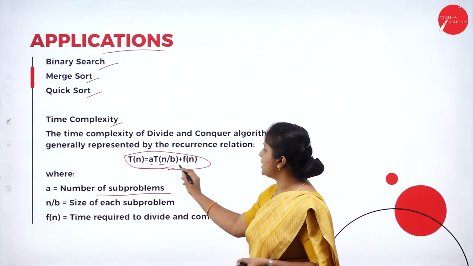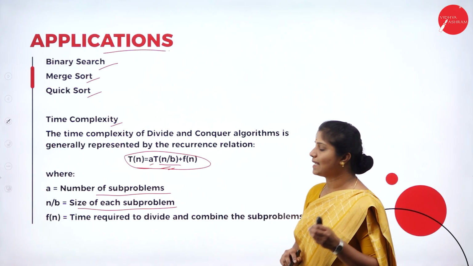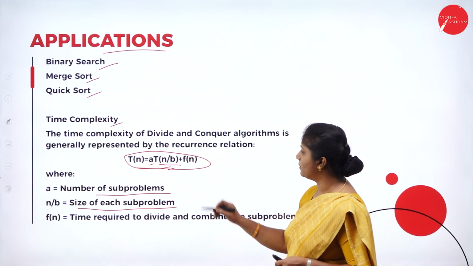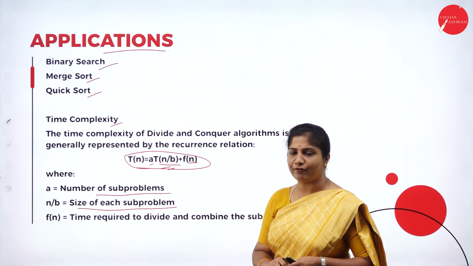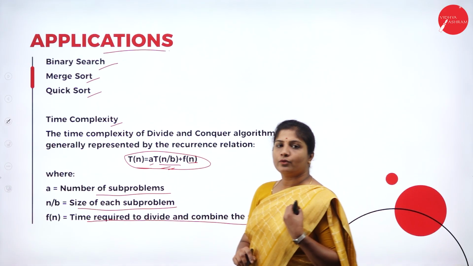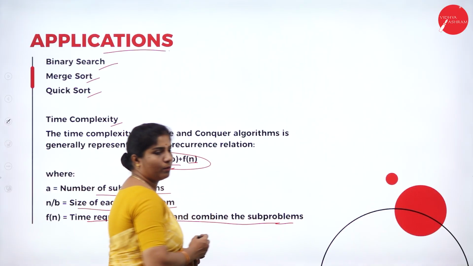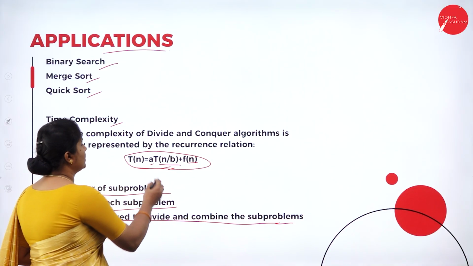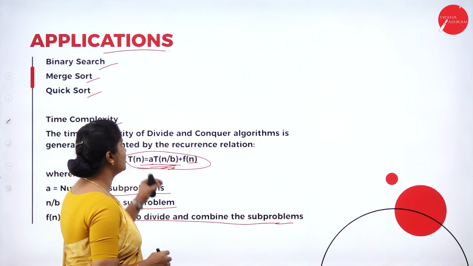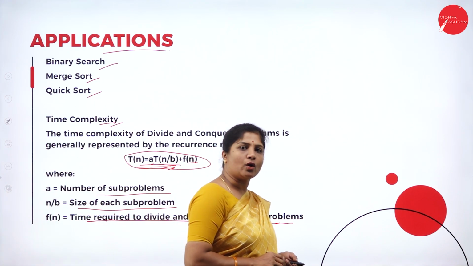Then what about this T(n/b)? This n/b tells the size of each sub-problem. And at last we have f(n). This tells the time required for dividing and combining the sub-problems. Okay. So by using these expressions, we denote the time complexity for the divide and conquer method.